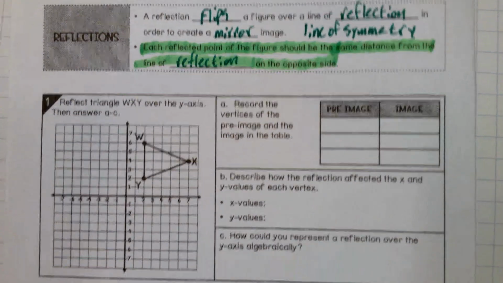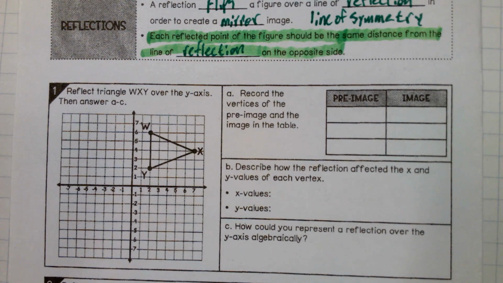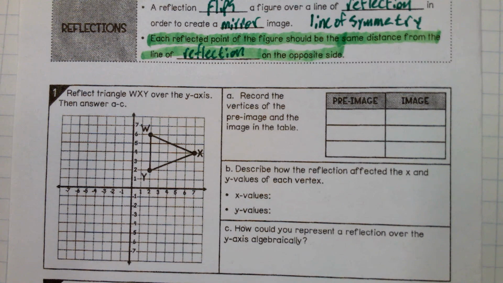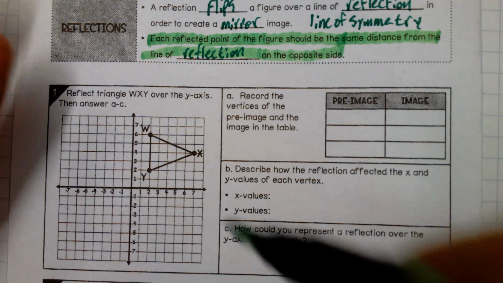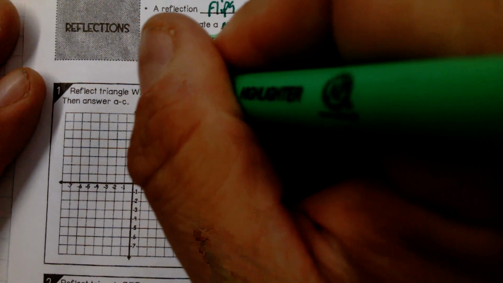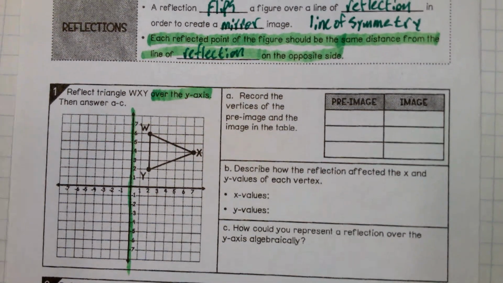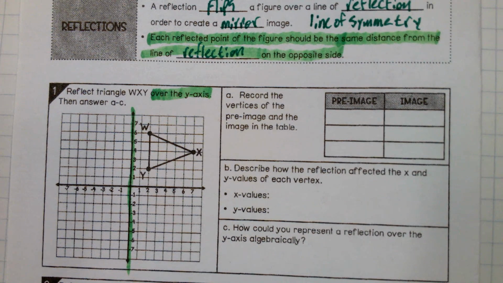So we're going to go ahead and reflect this triangle WXY. And they always tell you over which line of reflection, over the y-axis. So I'm going to highlight the y-axis. This is my mirror. Okay, I'm going to reflect over that line.